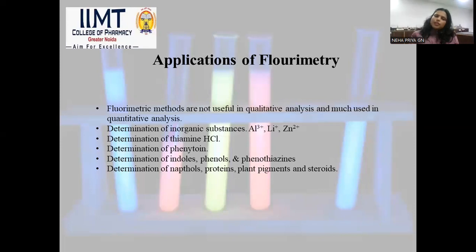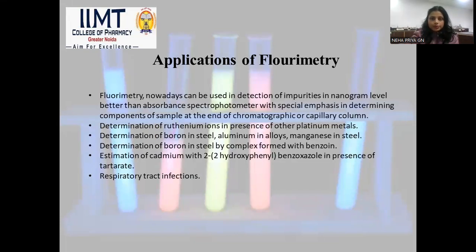The last thing is we have learned all this about fluorimetry. Then what are the samples or things it can be used in? Basically, fluorimetry is used in qualitative and quantitative analysis. For example, determination of inorganic substances, thiamine, phenytoin, indoles, phenols and phenothiazines, naphthols, proteins, as well as other parameters.